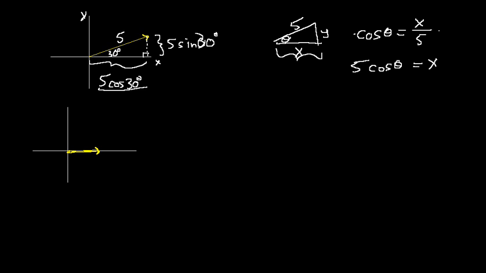We have a vector here, which we are calling magnitude 5 cosine 30. And we have another vector up here, which we are calling 5 sine of 30. These two perpendicular vectors, when added together, will produce this green vector going at an angle of 30 degrees.